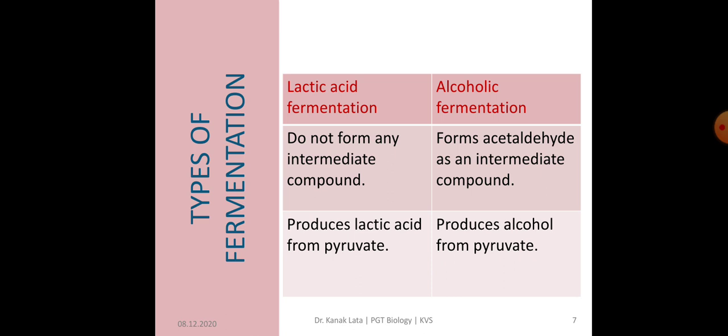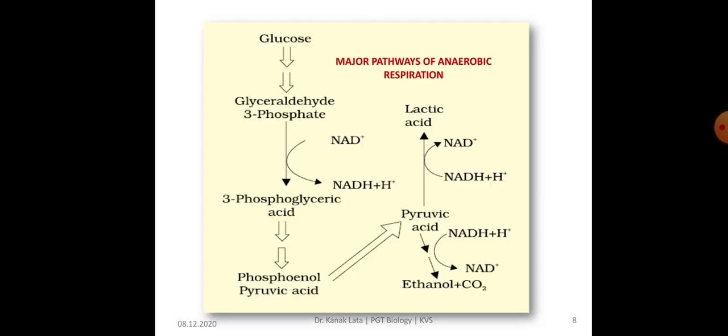Lactic acid fermentation does not form any intermediate compound, but alcoholic fermentation forms acetaldehyde as an intermediate compound. In lactic acid fermentation, lactic acid is formed from pyruvate or pyruvic acid, whereas in alcoholic fermentation, alcohol is produced from pyruvate. Here, this is the flow chart to show the major pathway of this anaerobic respiration.